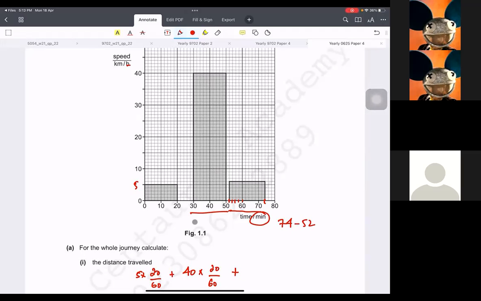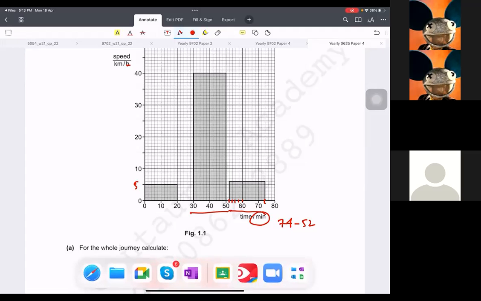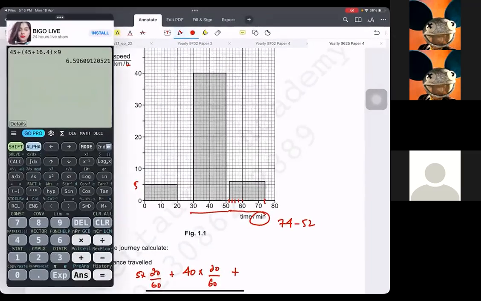Okay. So this is, I think, around 18. Should be 18 or 22. Okay, so 22 divided by 60 times 6.